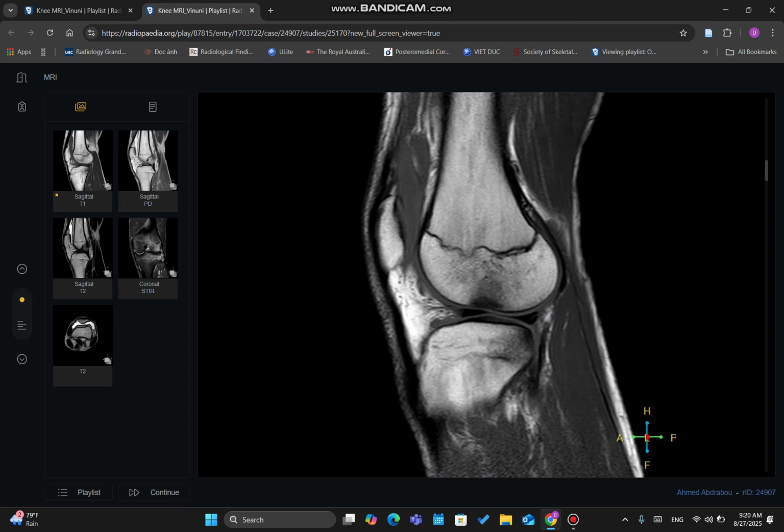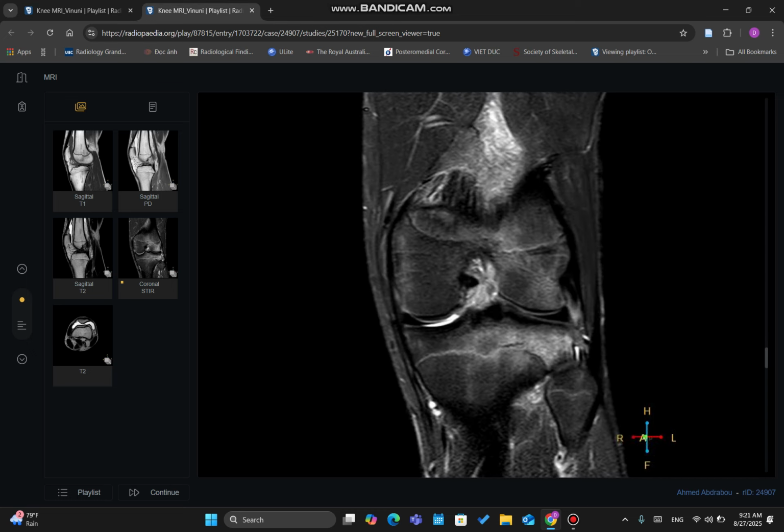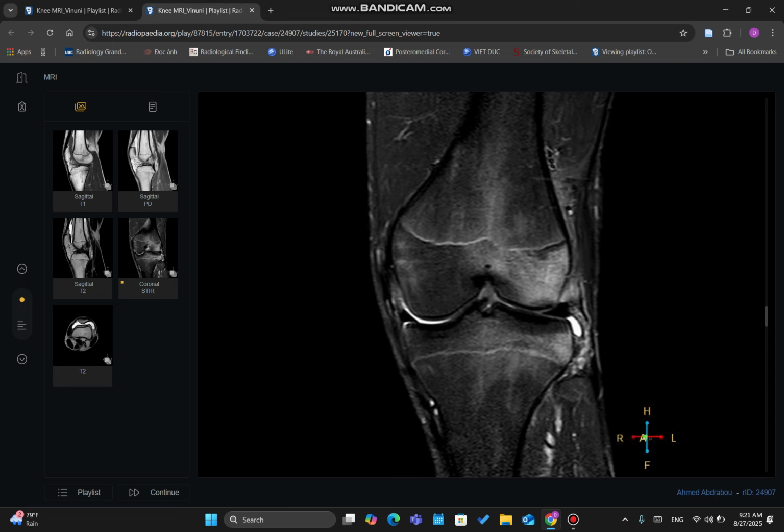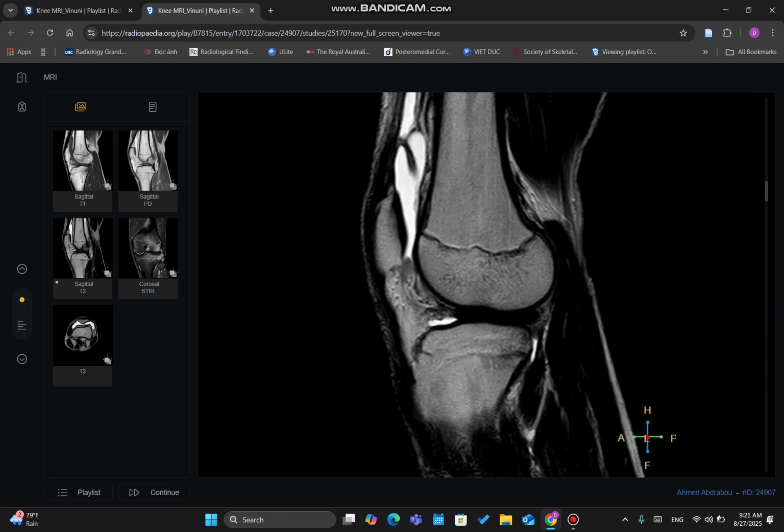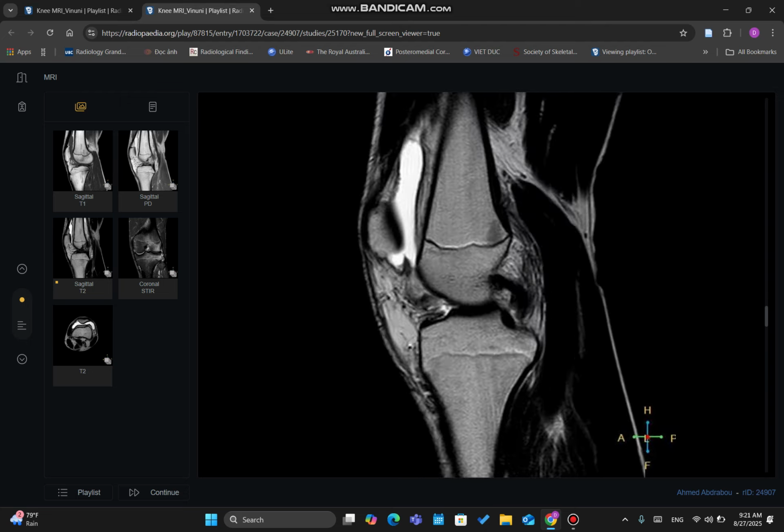And beyond that, you can see a small focal, very hypointense or dark signal in the T1, which is also dark on T2. It represents calcification or increased bone density in the region.